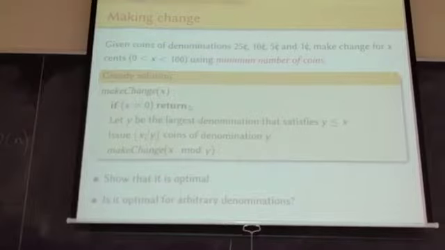So for instance, if the coins are powers of 2, well, it's trivially optimal, right? If each coin needs to be a multiple of the lower numbered coin, then this algorithm would definitely work.